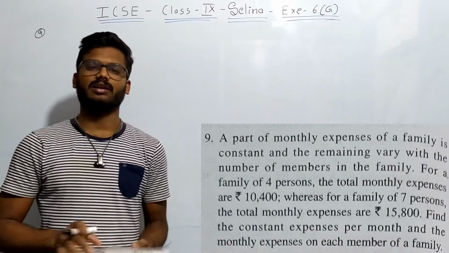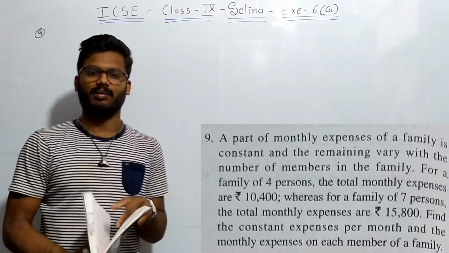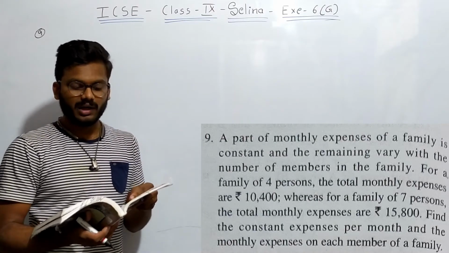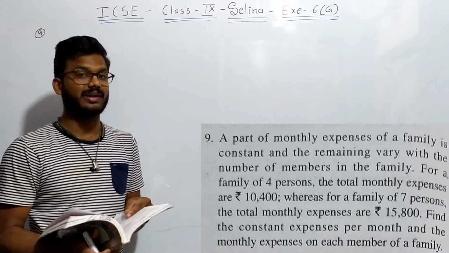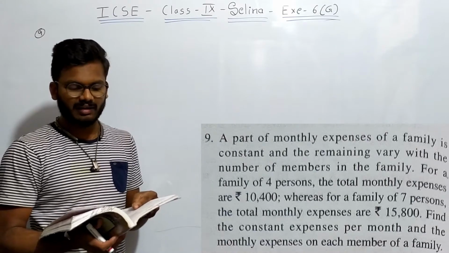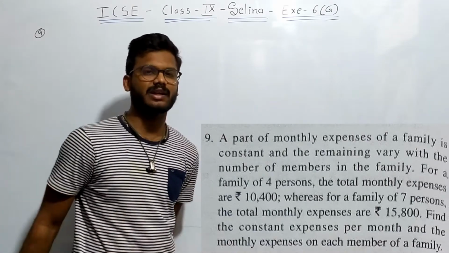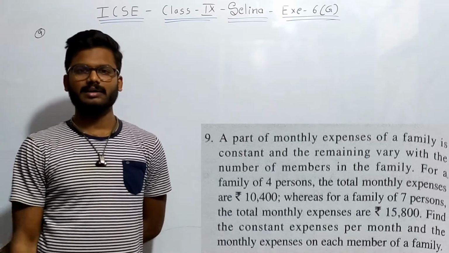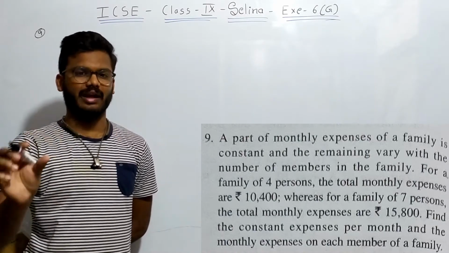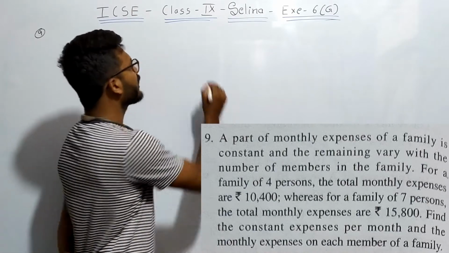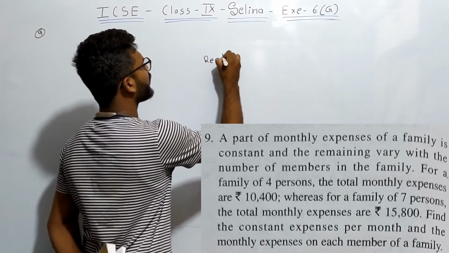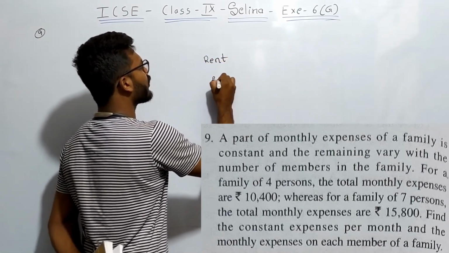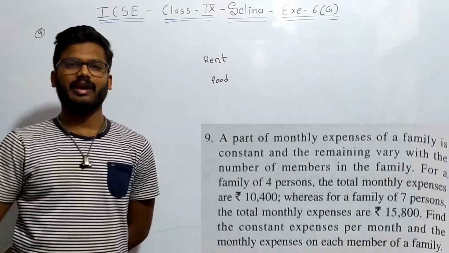See here, first please try to analyze the problem. What are they telling? A part of the monthly expenses of a family is constant and the remaining varies with the number of persons. That means, excluding the number of members, some part of the expenses is constant, like rent, food, these types of expenses.